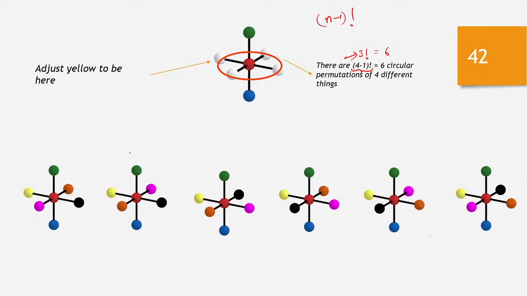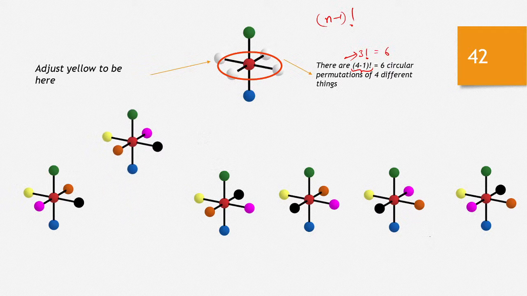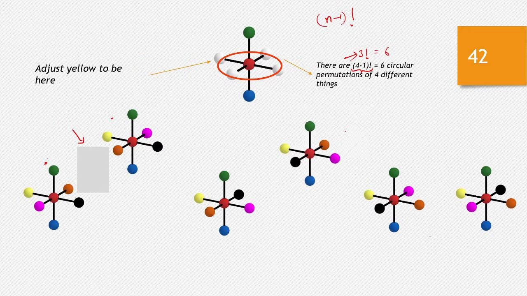So now we have 6 different molecules, and look at this, the second one just moved. Imagine there is a mirror in between these two. So this molecule is a mirror image of this molecule. These two are mirror images of each other. And then you look at the fourth one.